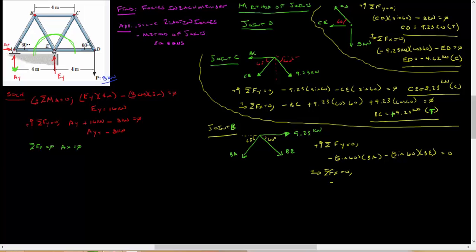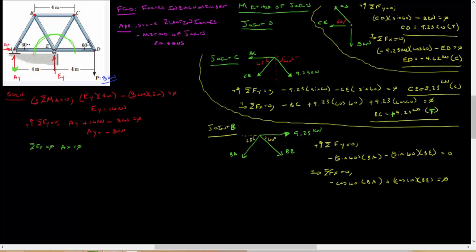So I'm going to have negative cosine of 60 times BA plus cosine of 60 times BE. Note that BA is going negative and BE is going positive, equal to 0.